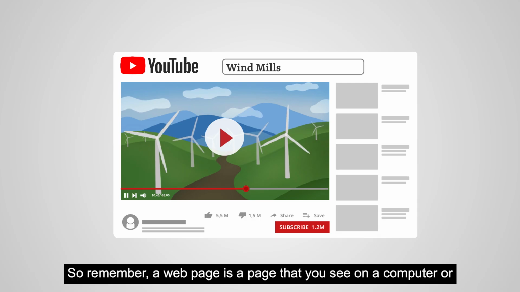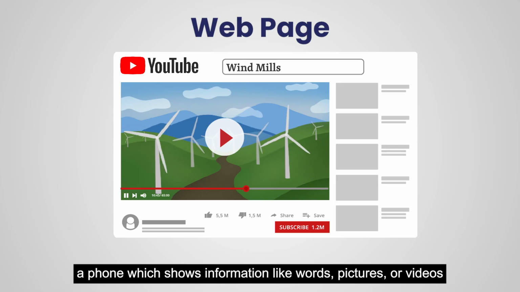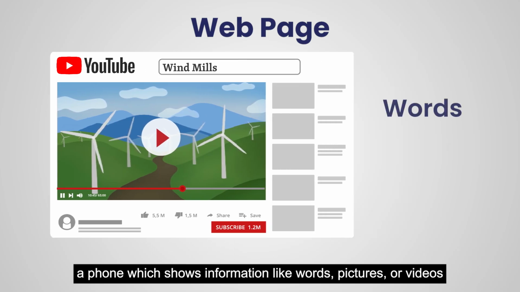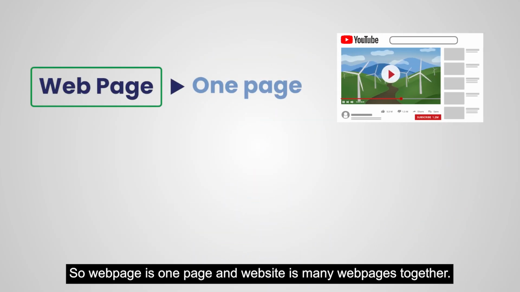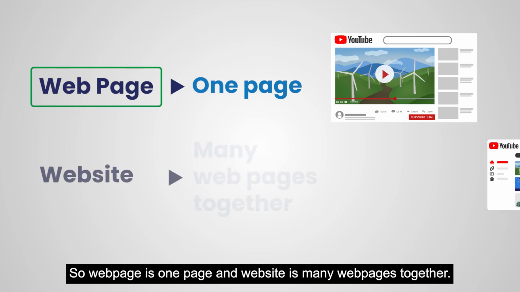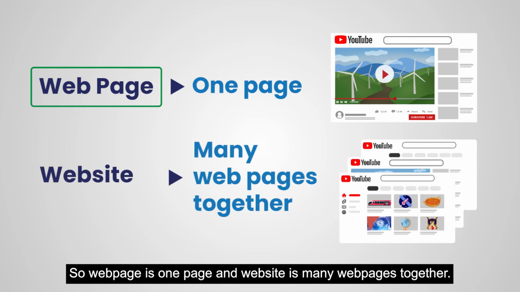So remember, a web page is a page that you see on a computer or a phone which shows information like words, pictures, or videos. So a web page is one page and a website is many web pages together.